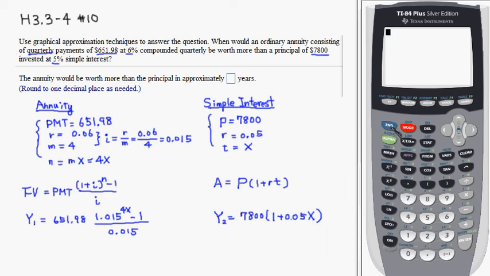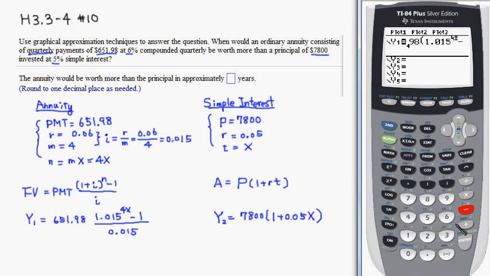So here's a graphing calculator. We're going to open up Y equals. The first one is 651.98 times parenthesis 1.015 raised to the 4x power. Then put the right arrow so that comes down to a regular line. Actually, I forgot to say minus 1.